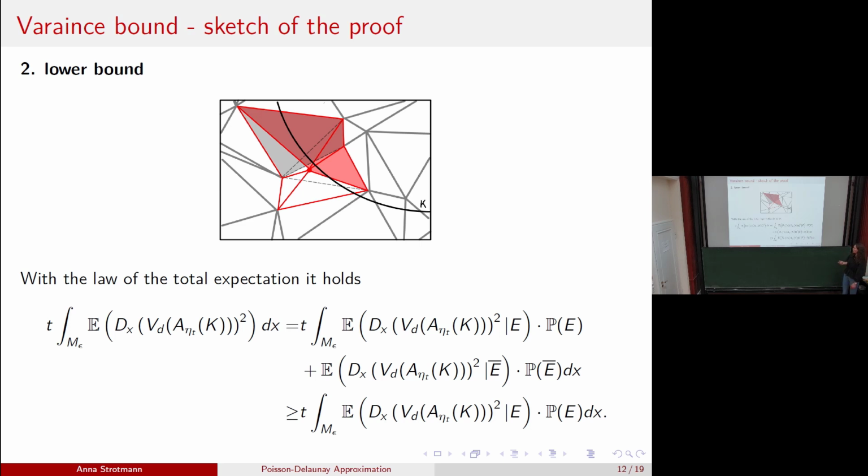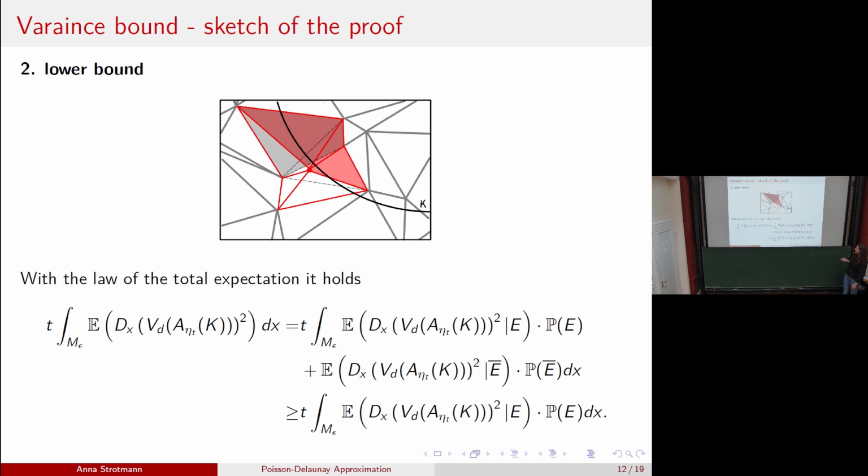And we don't know how the difference operator behaves when the situation E is not true, but it doesn't matter at all because we have the expectation of the squared difference operator. So we can again drop the second part here and get a lower bound, and we only have to calculate the expectation with the condition that our situation E is true times the probability for that.